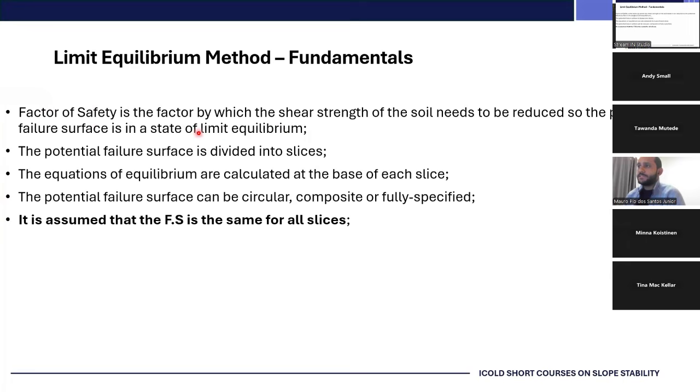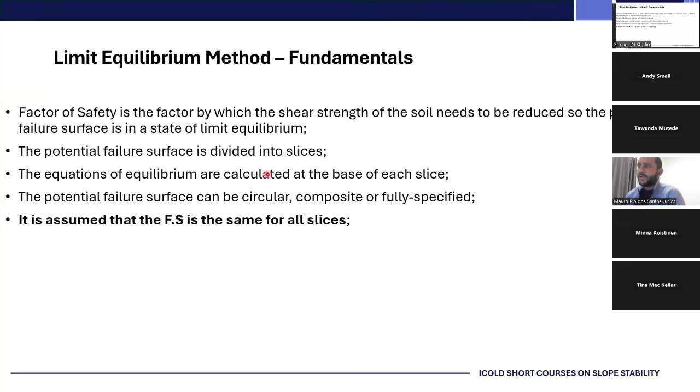And how we do this is to divide the potential failure surface into slices. And we take the equations of equilibrium in the base of those slices. So you can calculate the force equilibrium, you can calculate the moment equilibrium on the base of each of those slices.